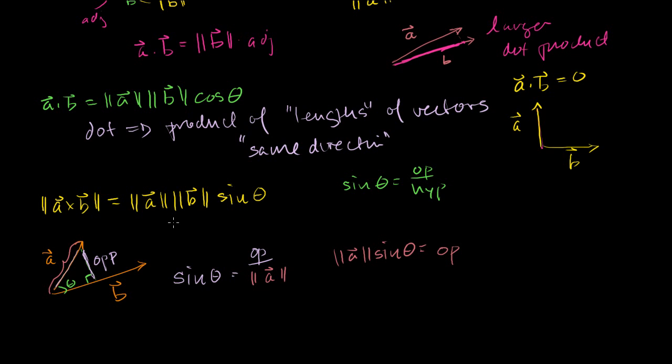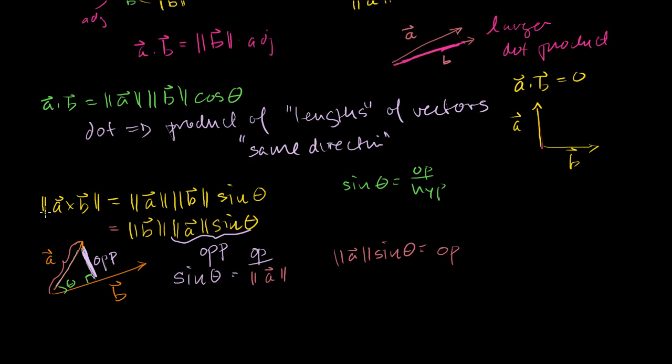If we rearrange this a little bit, I'm just going to swap them. I had to do it with the dot product as well. This is equal to the length of vector B times the length of vector A sine of theta. Well, this thing is just the opposite side, as I've defined it right here, this side right there.